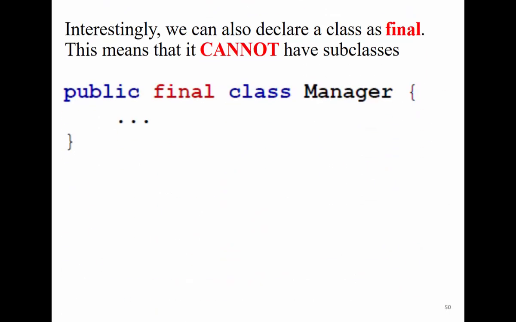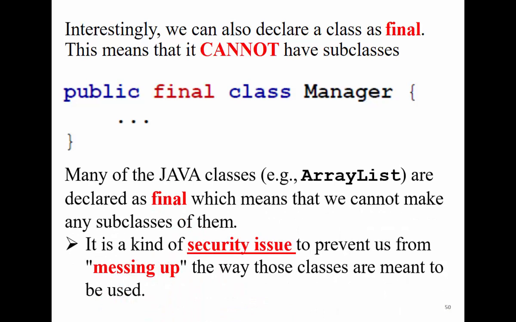So if we have final with the classes, this class cannot be extended. We cannot create a subclass from this class. If we are using final class Managers, we cannot extend Managers. So no one can extend these managers. Most of the Java classes like ArrayList, HashMap, HashSet are defined as final classes for security purposes.